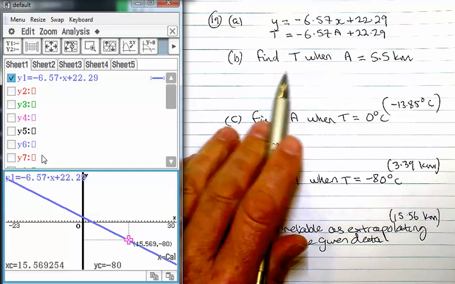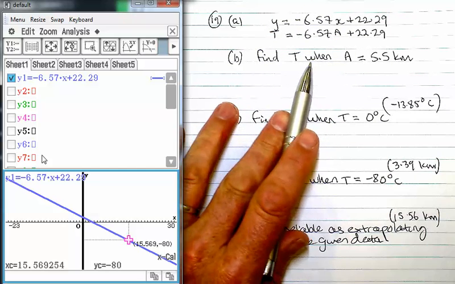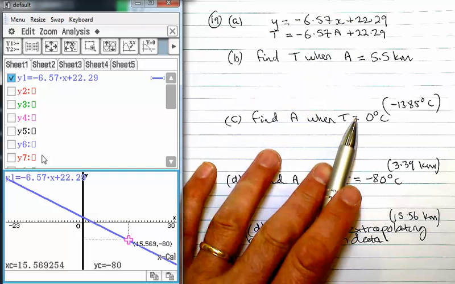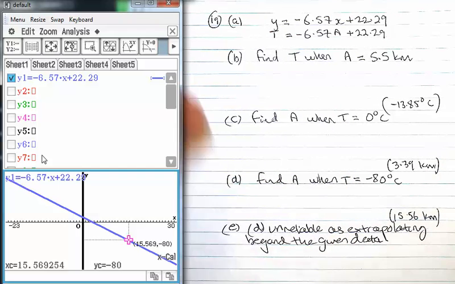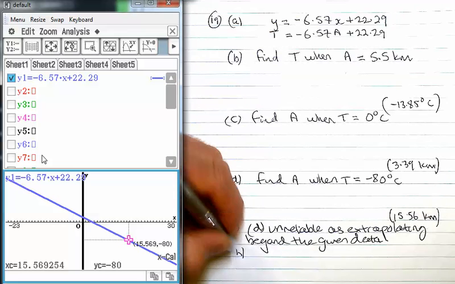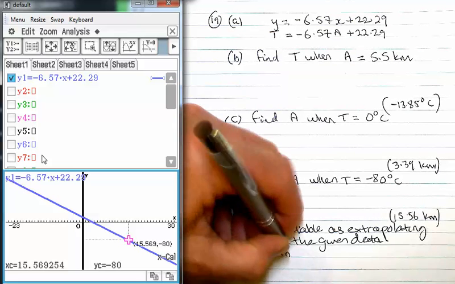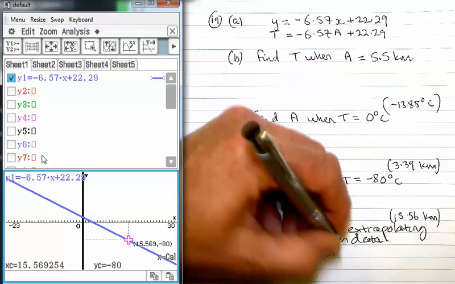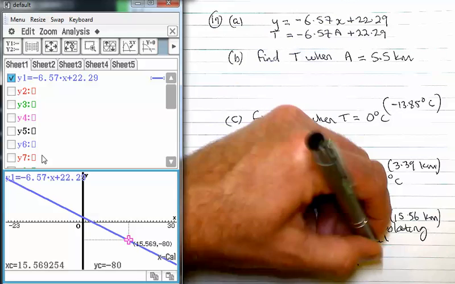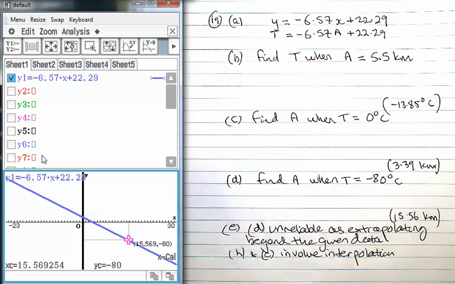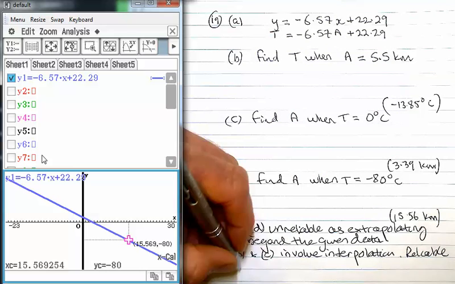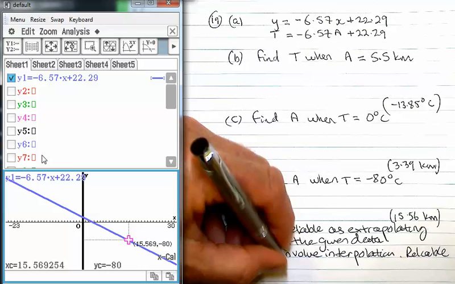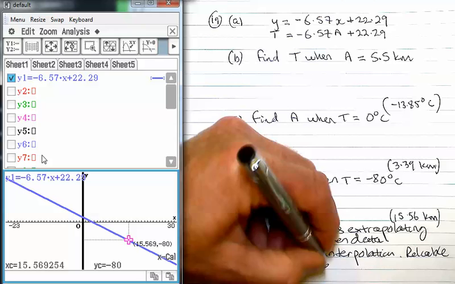On the other hand, the value of 5.5 kilometres and the value of 0 degrees Celsius are within the given data, so they involve interpolation.